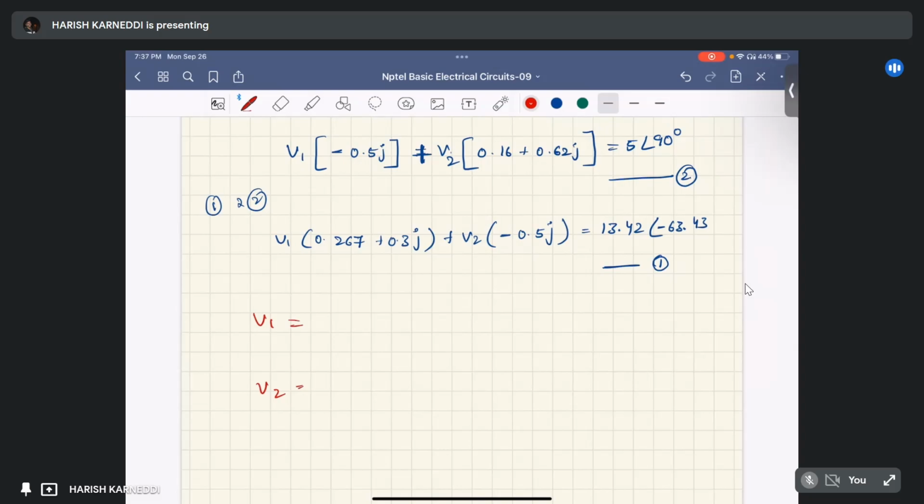We will use that equation solver. The constant of this particular one is minus 0.5j, minus 0.5j, and the V2 constant is 0.16 plus 0.62j, and the constant is 5 at an angle of 90 degrees.